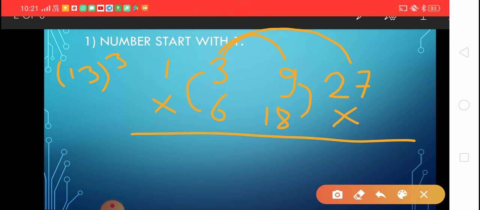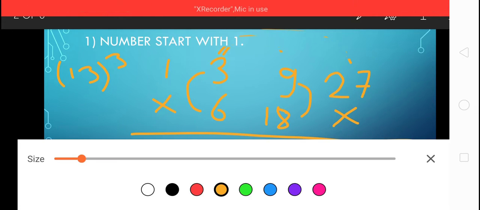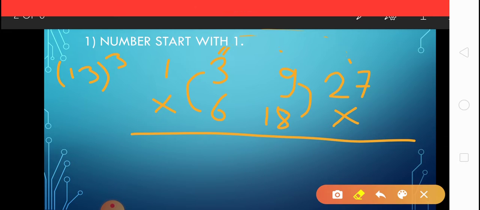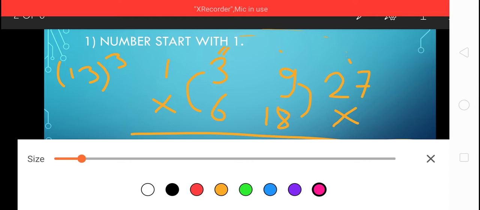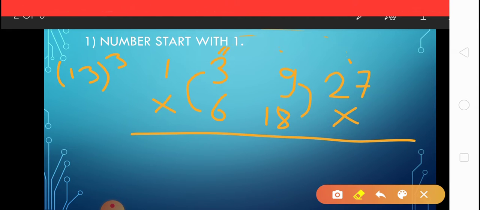So now we have to take some precaution here. What precaution do we have to take? We have to take precaution while adding these numbers. So here, of this 27, we will write only 7 here, and we will give this 2 as carry.